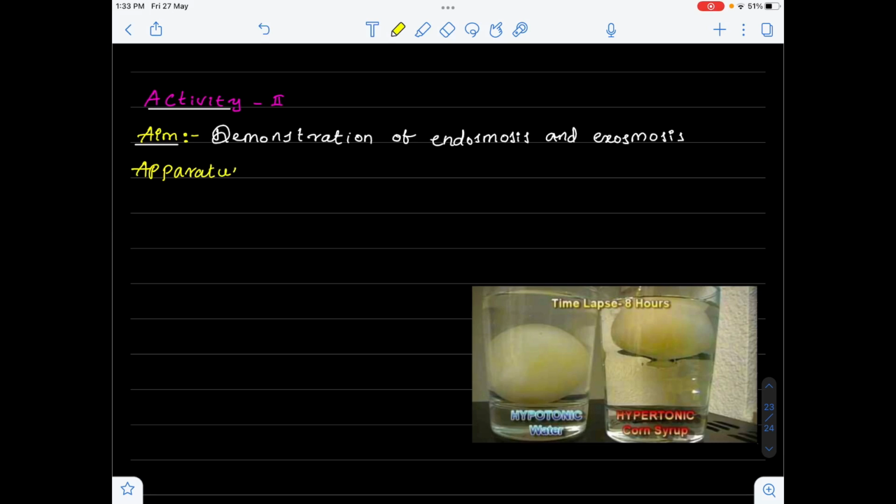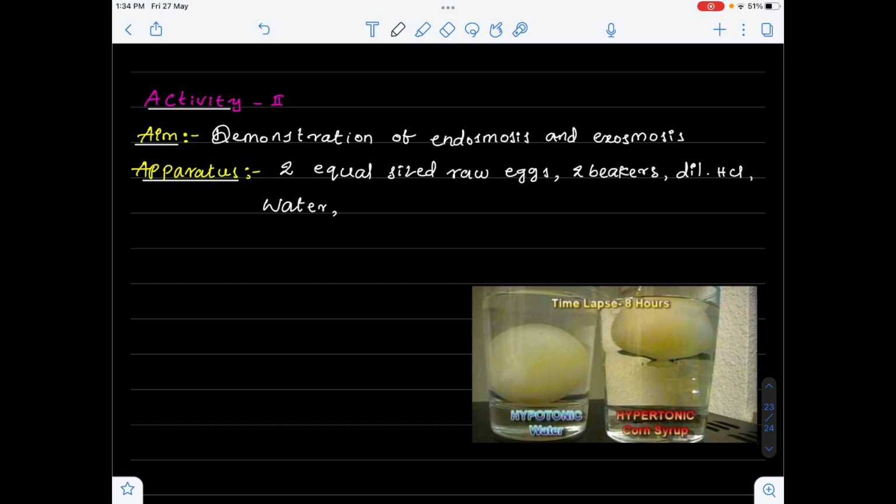Apparatus or the materials required to perform this activity are 2 equal sized raw eggs, 2 beakers, dilute hydrochloric acid, water and salt solution.